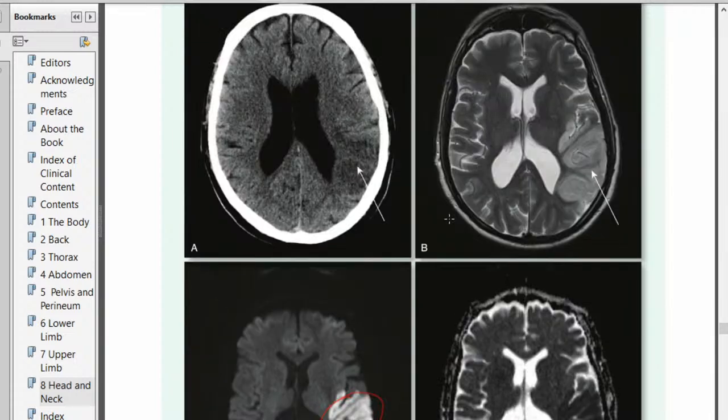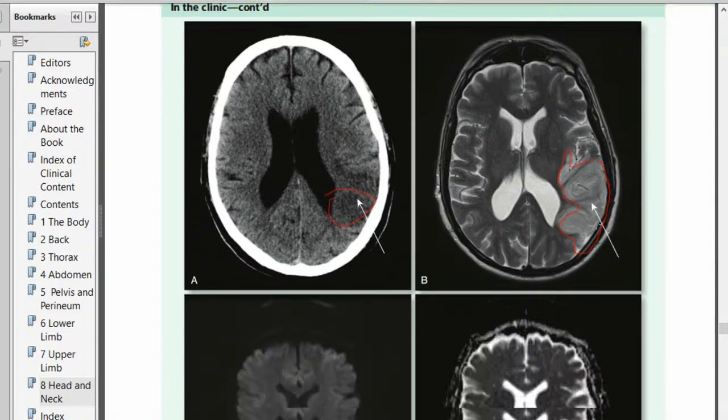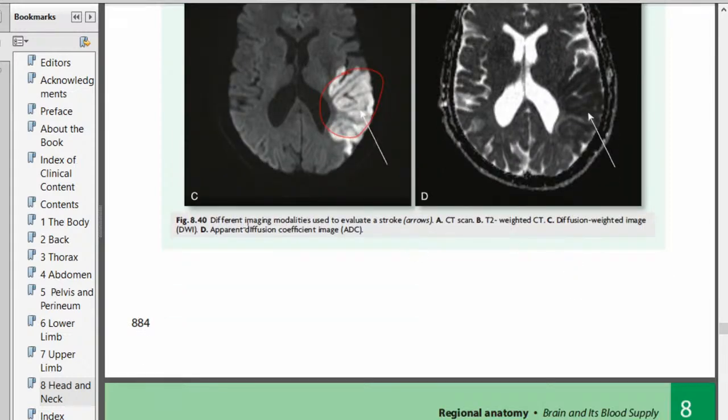This is the condition which is deprived of blood supply, so the color has changed due to infarction. Different imaging modalities are usually CT scan and T2 weighted images.